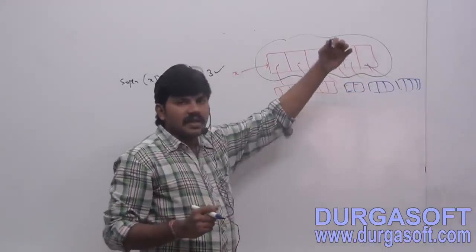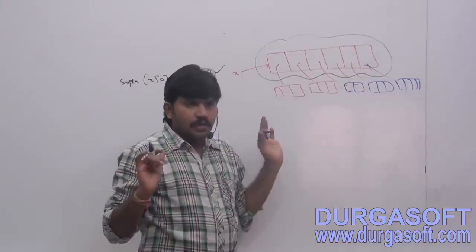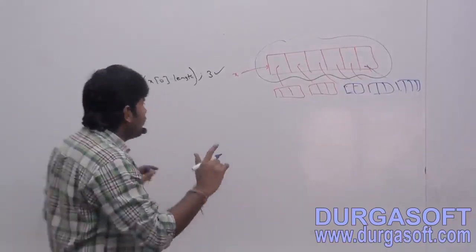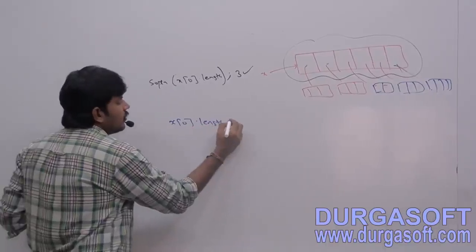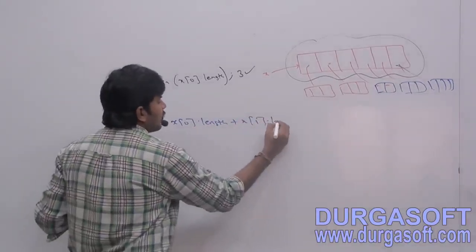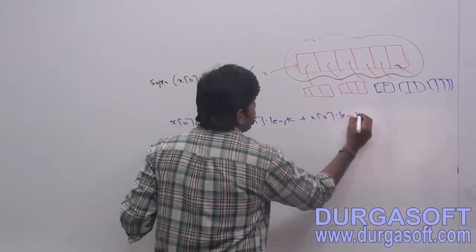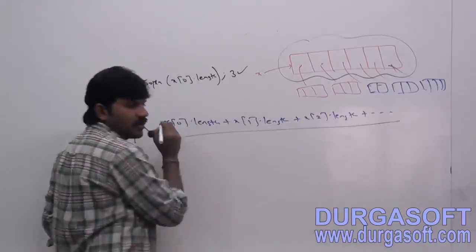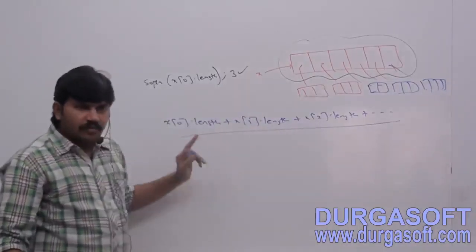So there is no direct way to specify the size of a multi-dimensional array. Indirectly we can find it, and the way is very simple: x of 0 dot length plus x of 1 dot length plus x of 2 dot length and so on. If you count all of them, you automatically get the total size.